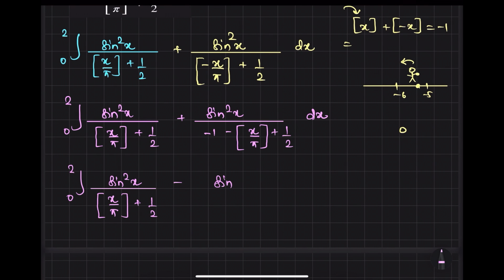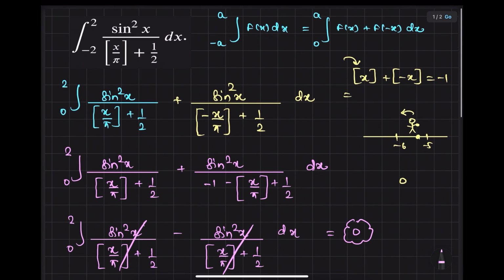We will be left with sine square x upon box of x by pi plus 1 by 2 dx. Both are the same. This thing is gone. We are left with 0. So the integration of 0 is 0. Therefore, the required result is 0. I hope you got the idea, and I wish you guys can handle similar situations.